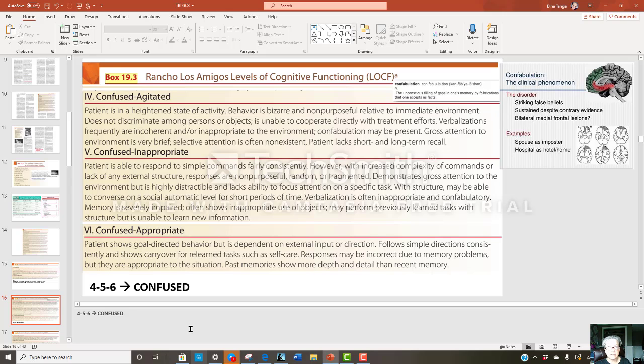The patient follows simple directions consistently. Okay, so how do you stand up? I want you to push up from the bed. I want you to reach for the walker. Those are simple directions.